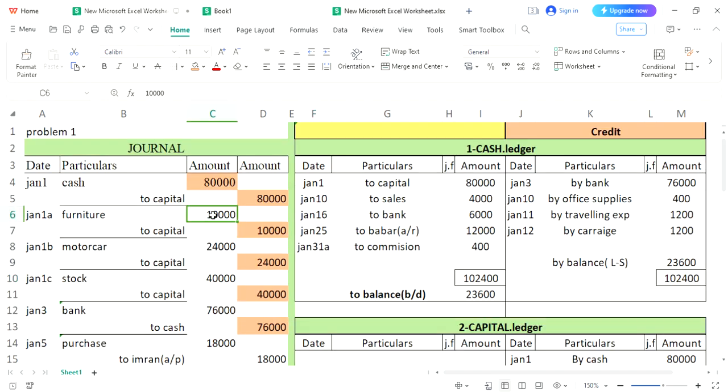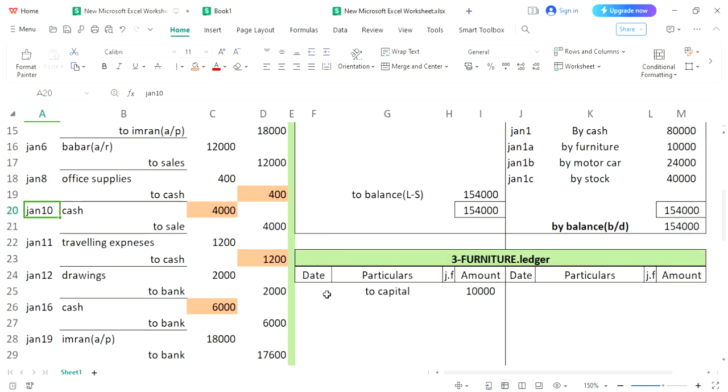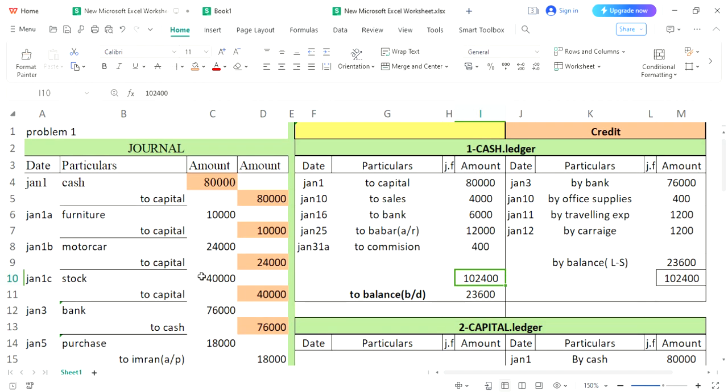This 10,000 is posted. Date is January 1A. So go downwards and write the date January 1A. Date written, reference written, amount written, it means posting for this 10,000 for furniture has been completed. So now we can mark it as completed, as done.